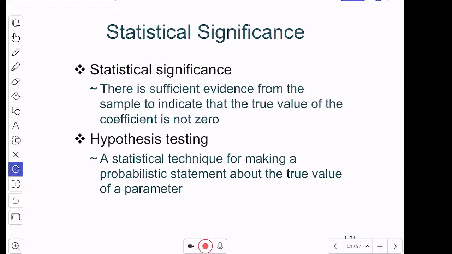Is there sufficient evidence from the sample to indicate that the true value of the coefficient is not 0? Like, do we really have something? Do we really have a slope? Because we're looking for a relationship, right? Let's say the data is all scattered around.